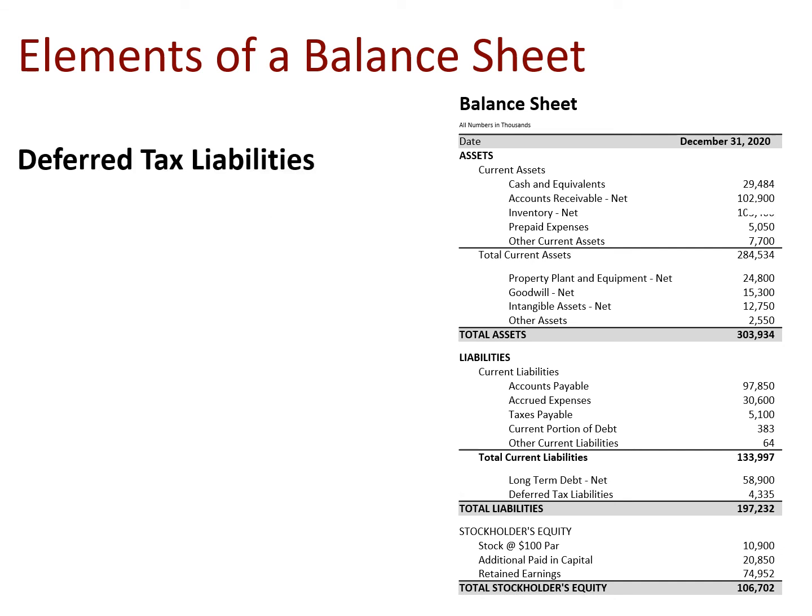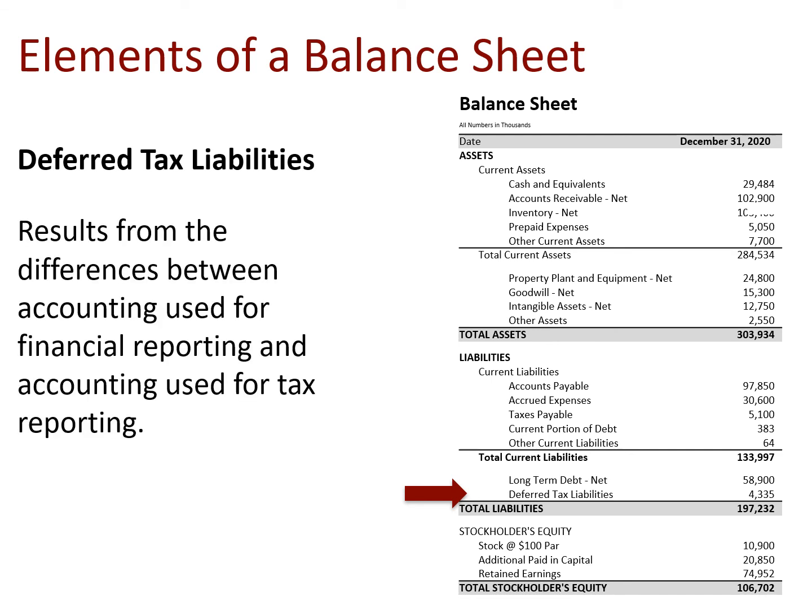Deferred tax liability typically results from the difference between accounting used for financial reporting and accounting used for tax reporting. One major difference is how depreciation is calculated. For example, the IRS may allow you to take certain types of accelerated depreciation that generally accepted accounting principles do not when you're creating your financials.